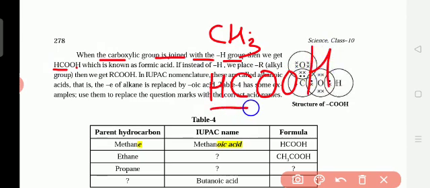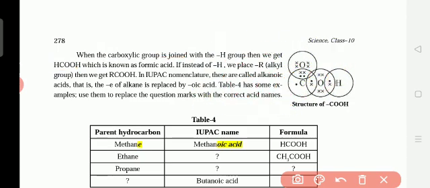Understand? So this is the carboxylic acid. When the carboxylic group is joined with the H, we get HCOOH, which is known as the formic acid. The formic acid is present in the ants. So in the ants, which acid is there? What is the formula for the formic acid?